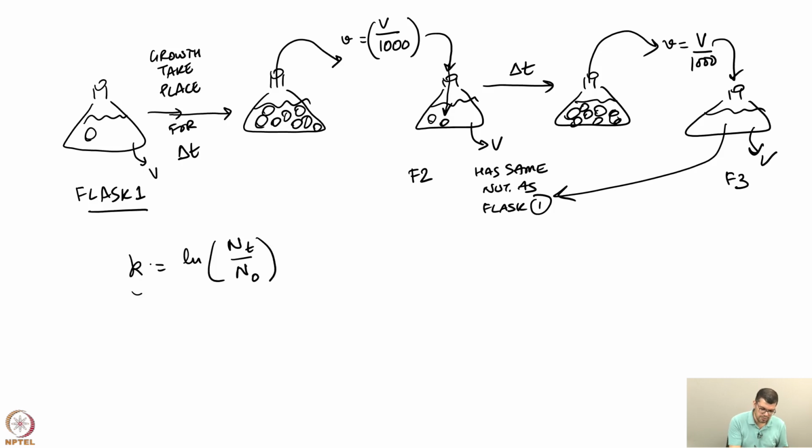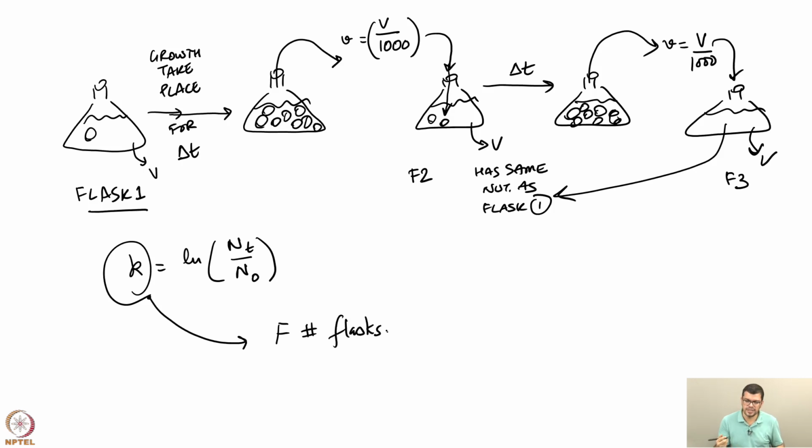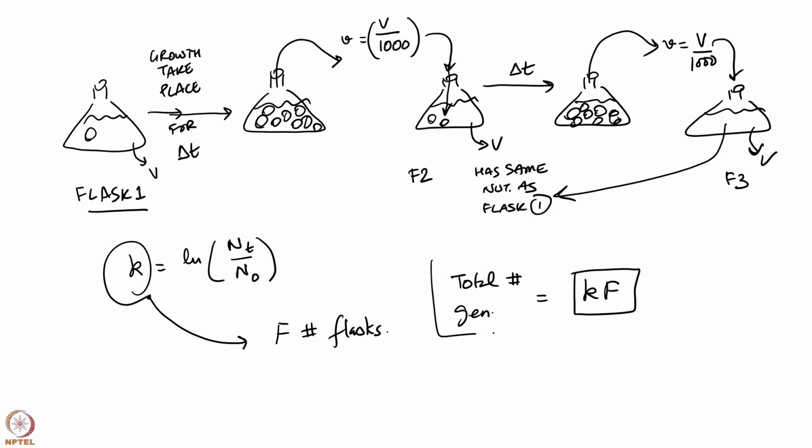So, in every flask I am processing k generations, and what that means is that if I continue to do this for f number of flasks, each flask taking 1 day, then the total number of generations that I have processed is simply equal to k into f. And very rapidly this number can grow to a very large number of generations, enough for me to be able to see evolutionary change take place.